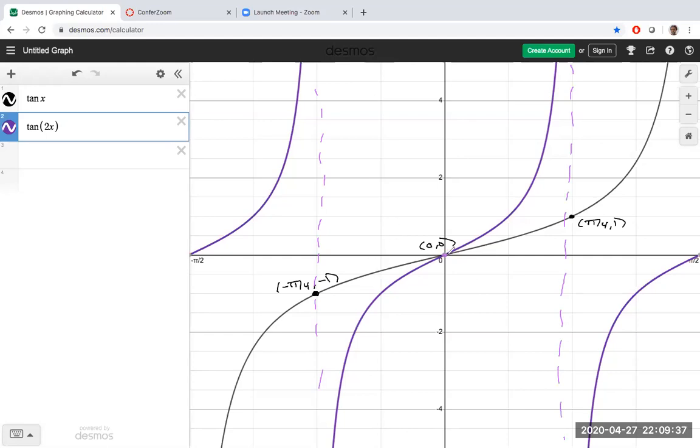We still have 0, 0 on the plot, but now we have negative pi over 8, negative 1, and we have pi over 8, positive 1. Okay, so we shrunk our graph down by a factor of 2. Okay, save that.